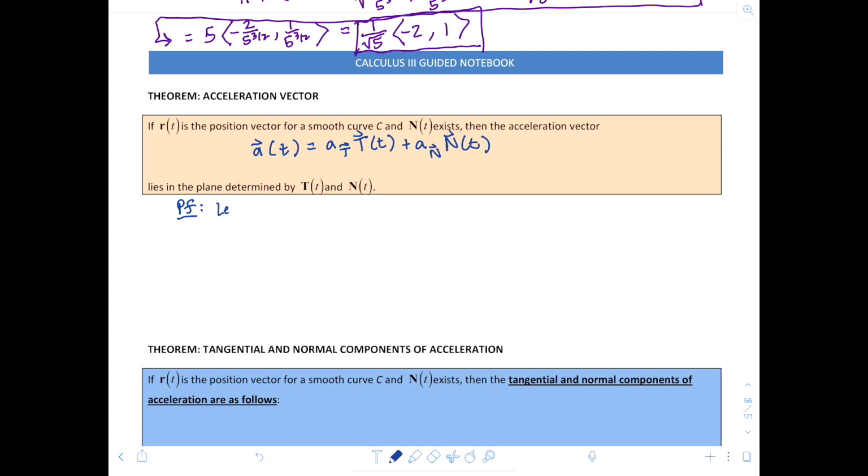We're going to let T at t just be equal to this T vector, T prime at t equal to this T prime vector, and also N at t equal to N. Okay, so here we go.